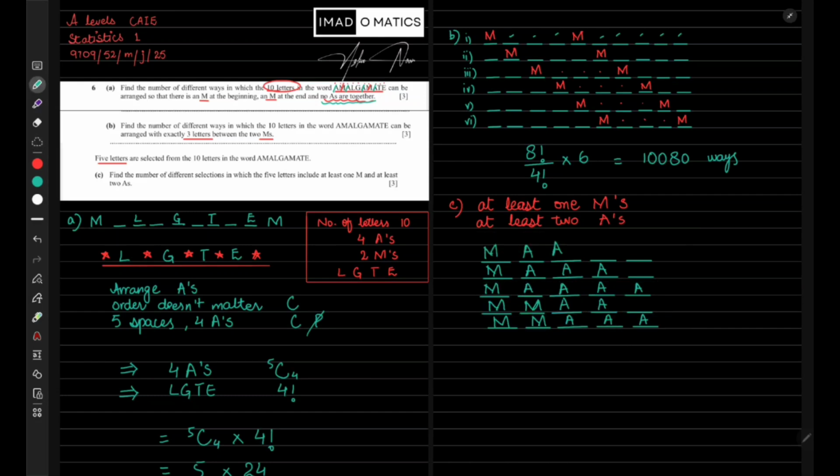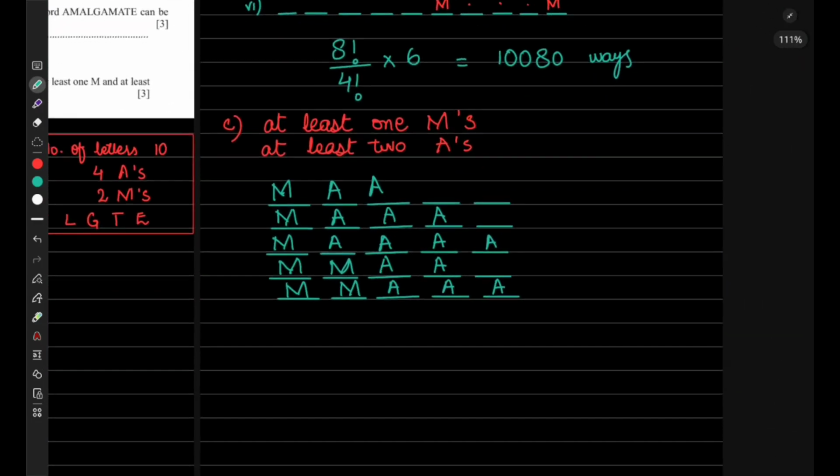So let's write down the combination for each one of them. Why are we writing combinations? Because now we are left with some letters. Spaces are less, but the number of letters left is more.